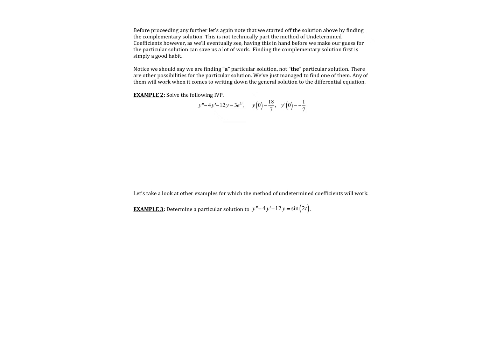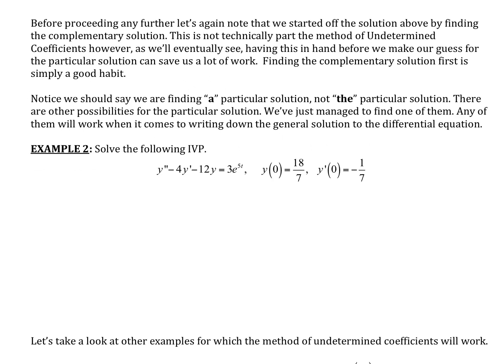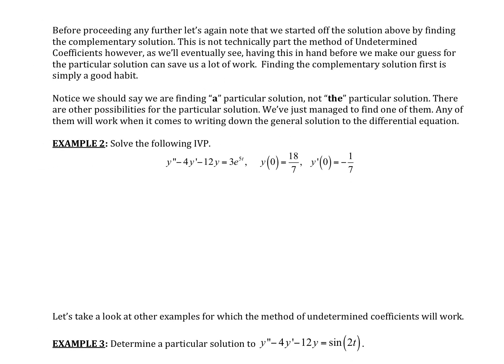Actually, before we go on any further, having or knowing what our complementary solution is will oftentimes lead us to make good choices or guesses for what our particular solution is.